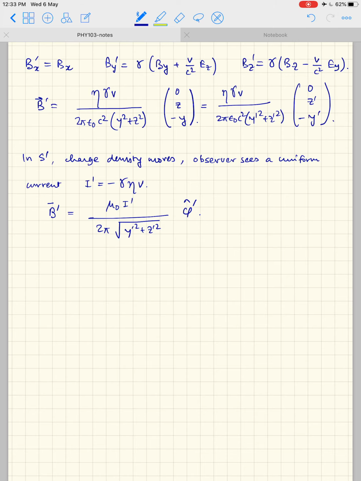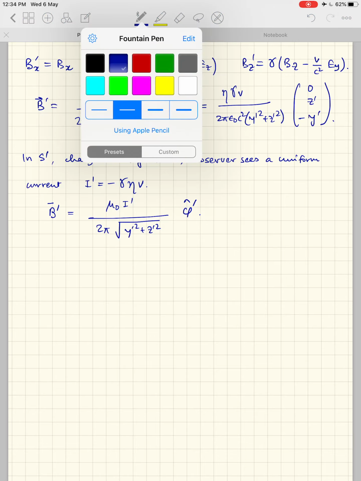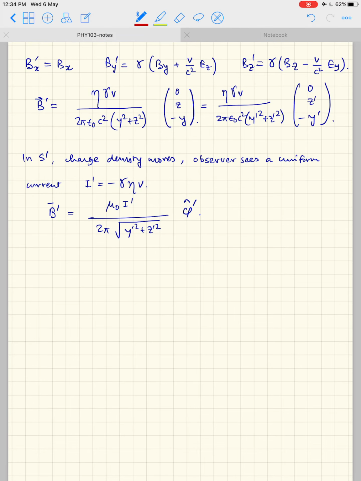Okay, exactly. So let's put a box in here now.